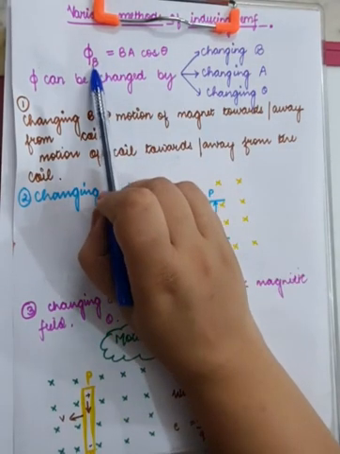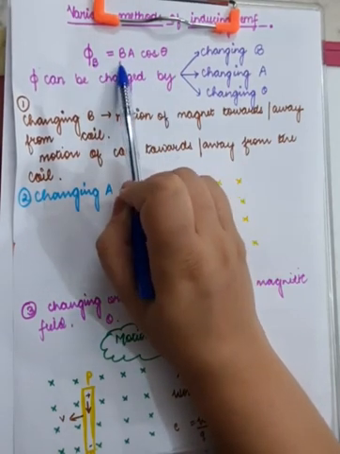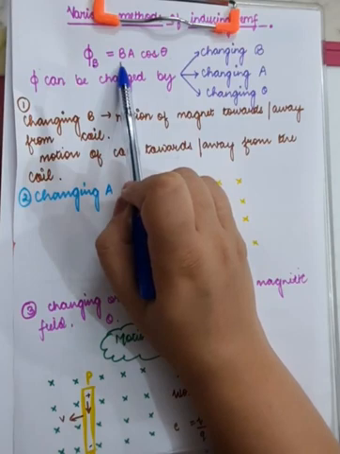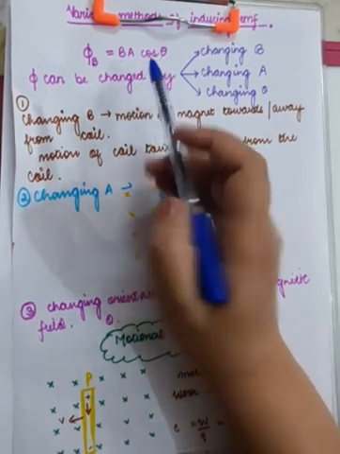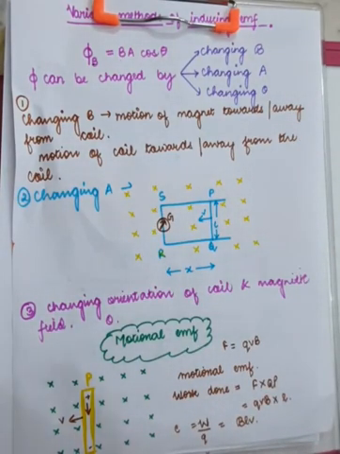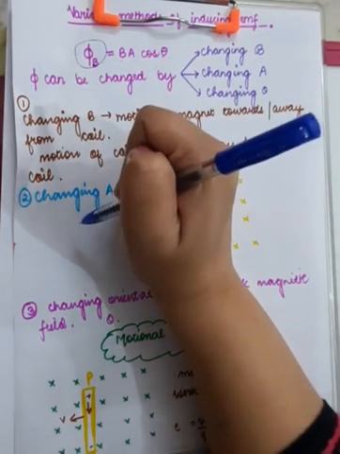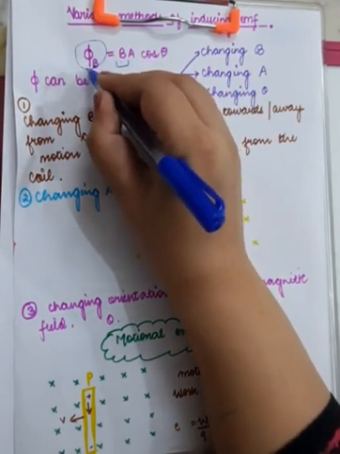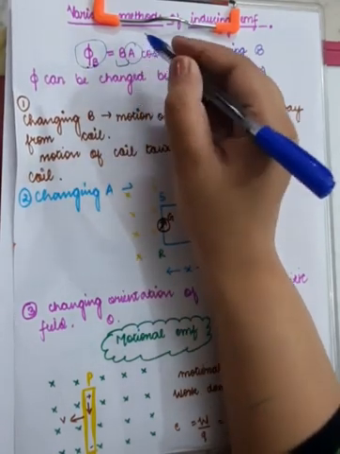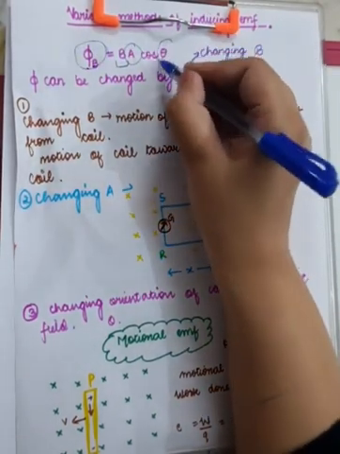See, we know that magnetic flux is given by BA cos theta, where B refers to strength of magnetic field, A refers to area, and theta is the orientation of the area with respect to the magnetic field. So, if you want to change the magnetic flux, you can either change B, or change area, or change theta.